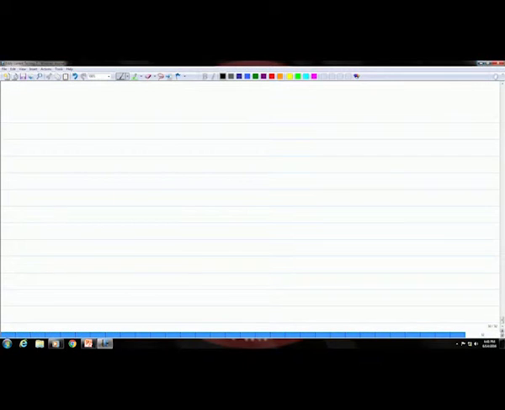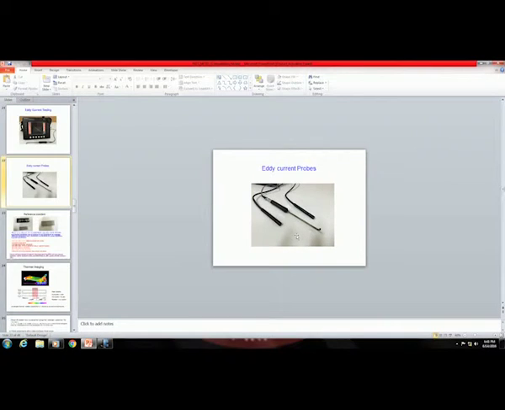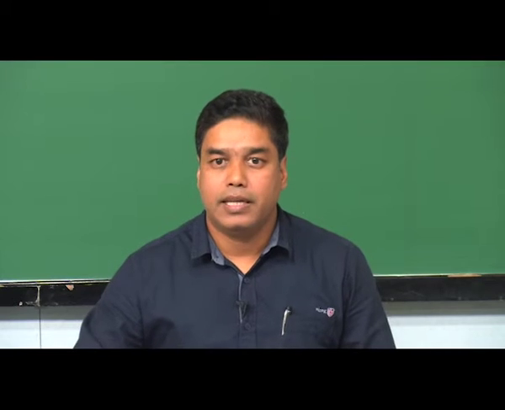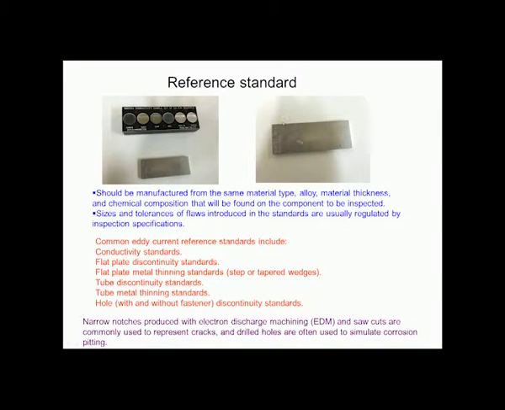So, if you want to calibrate the instrument, you need to take the help of some standard blocks like this, which is the one I used in that demo video. This will have certain features on the surface.